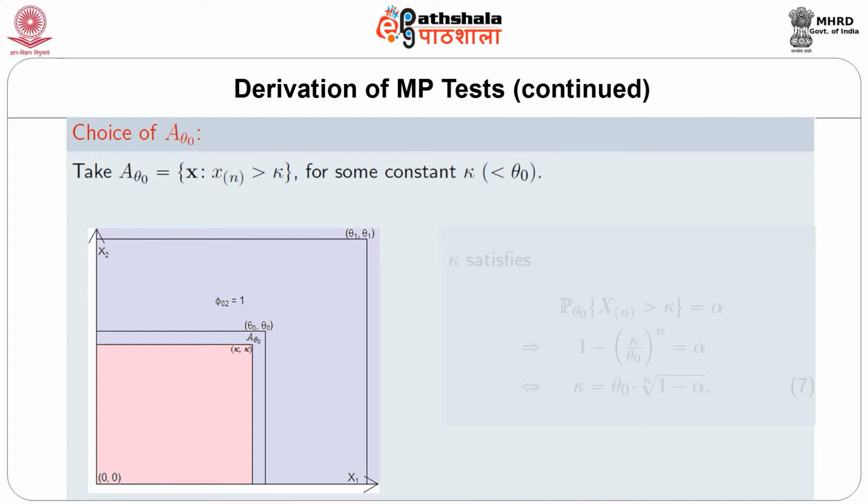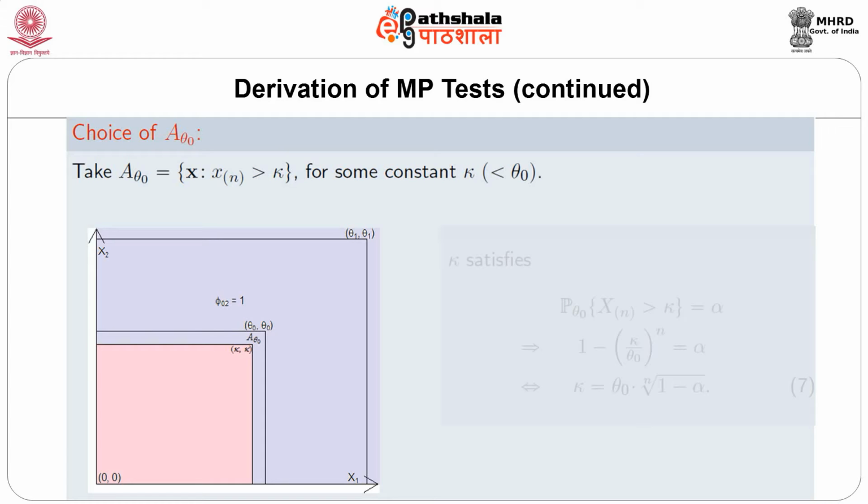Now, if we select the region like this, A theta naught is the set of x for which the maximum of x1, x2, ..., xn is greater than some constant k, which is less than theta naught. So, how can you find k?